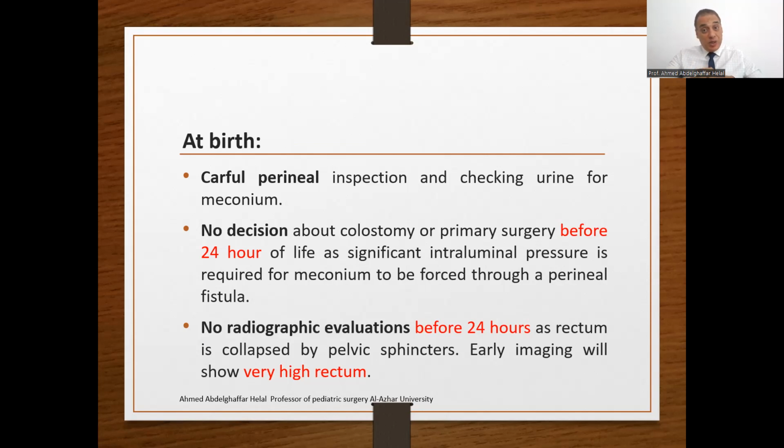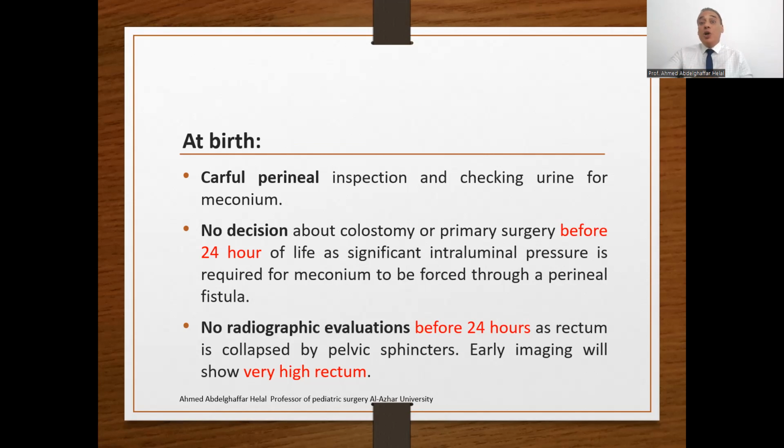You need increased intra-abdominal pressure to push the meconium through the fistula. So you cannot take an early decision. Otherwise, you will make a wrong decision to perform colostomy or to perform anoplasty.